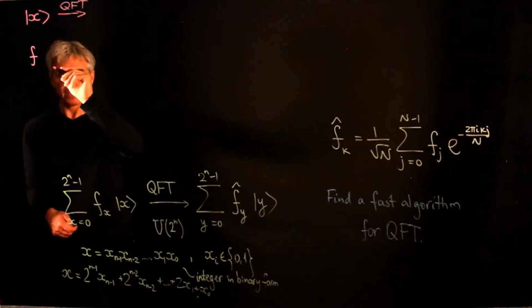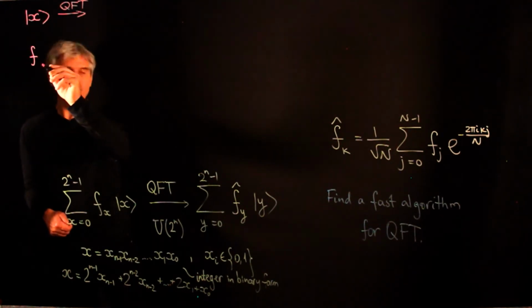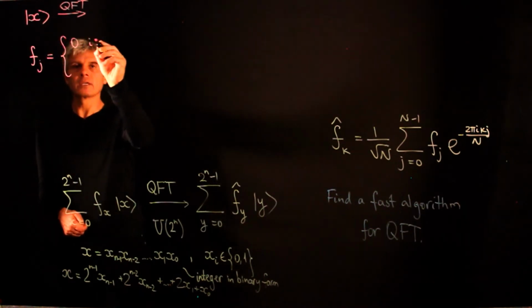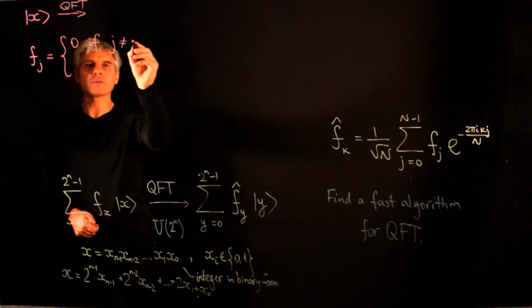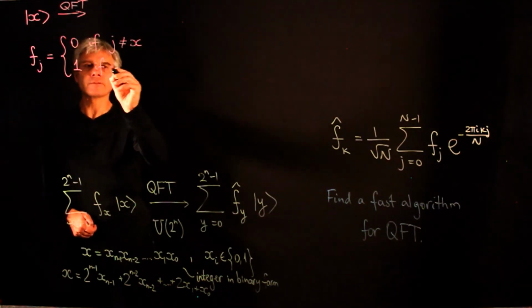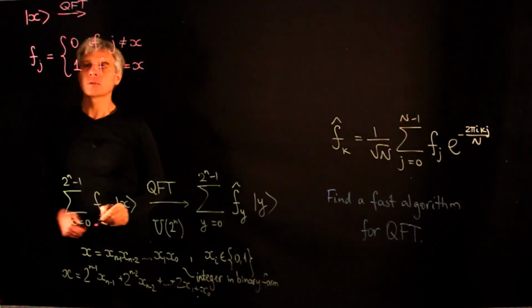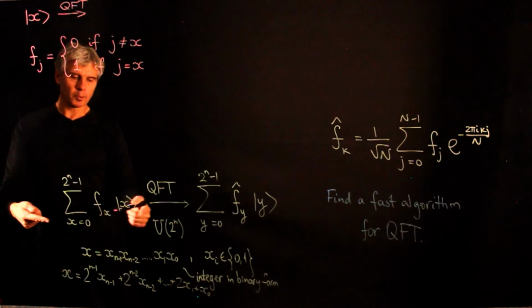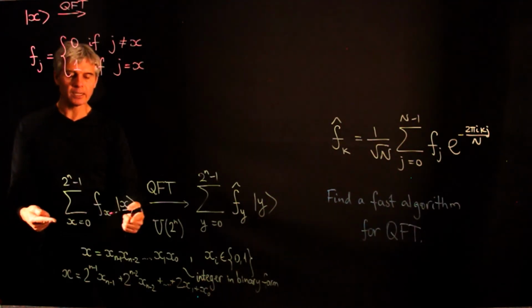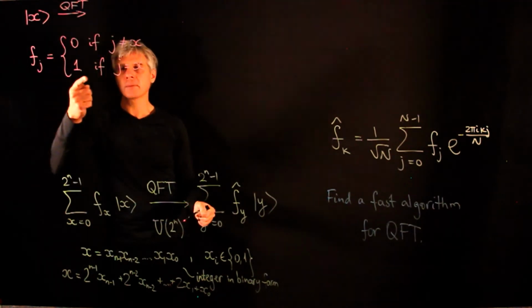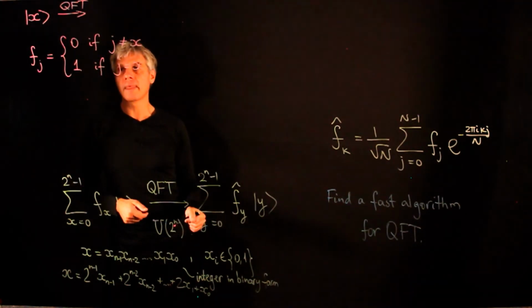We have f_j equal to 0 if j is different from x, and equal to 1 if j is equal to x. So it's a linear combination where all values are equal to 0 except one value which is equal to 1.